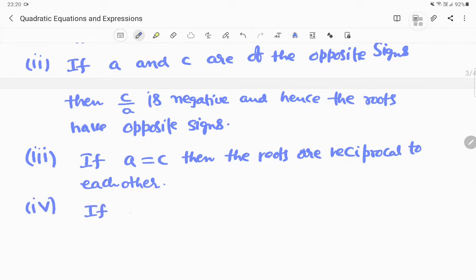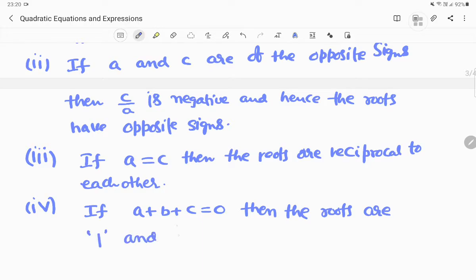If A plus B plus C is equal to 0, that means the sum of the coefficient of x square, coefficient of x and constant is equal to 0, then the roots are 1 and C by A, the product of the roots.